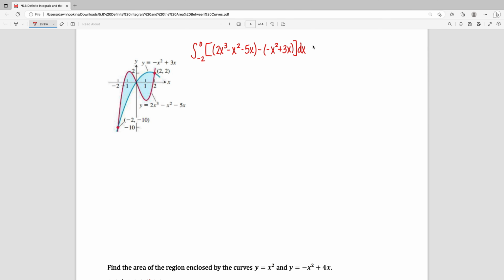Then the second part, after the origin, so we're looking from 0 to +2, the order is going to switch. So there we'll start with the -x squared plus 3x, and hopefully I can fit this, minus 2x cubed minus x squared minus 5x.